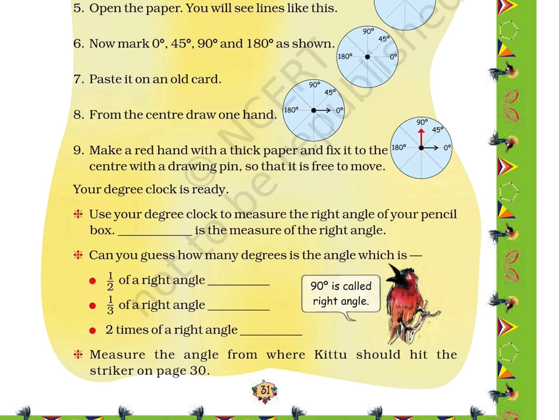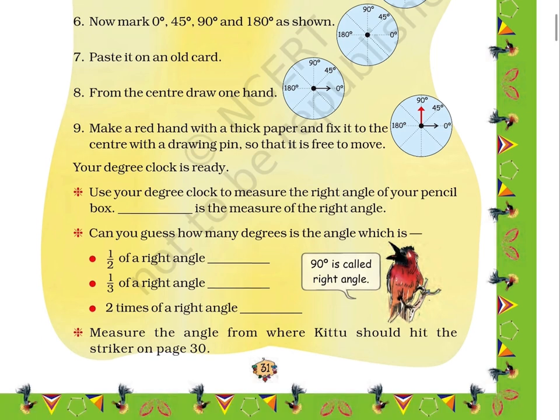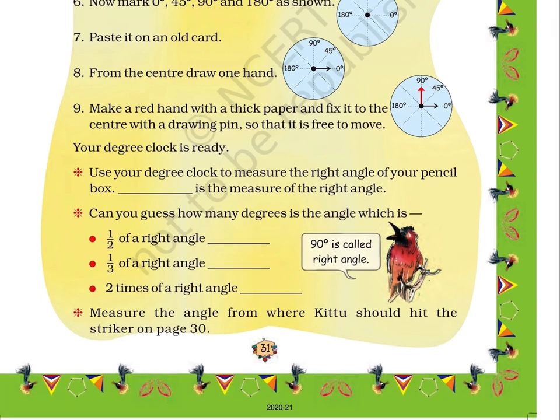Use your degree clock to measure the right angle of your pencil box. Dash is the measure of the right angle. Can you guess how many degrees is the angle which is half of a right angle? Dash. 1/3 of a right angle?